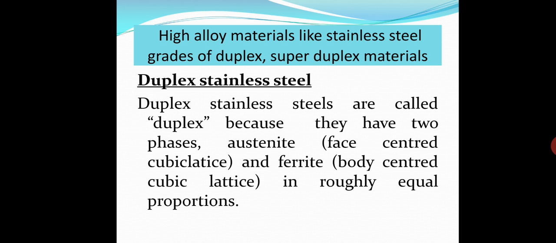In the iron carbon diagram we have already discussed these phases. Austenite has a face-centered cubic lattice structure and ferrite has a body-centered cubic lattice structure. These austenite and ferrite exist in duplex stainless steel in equal proportions.